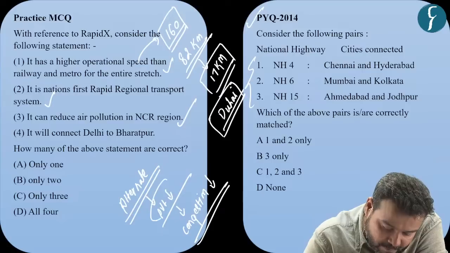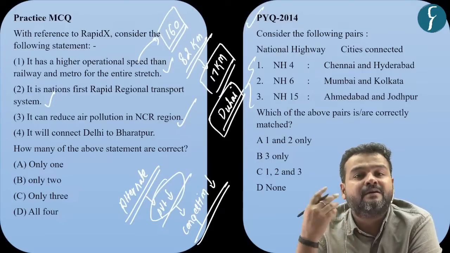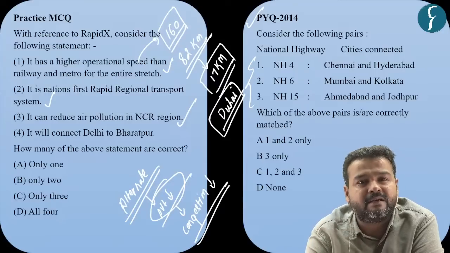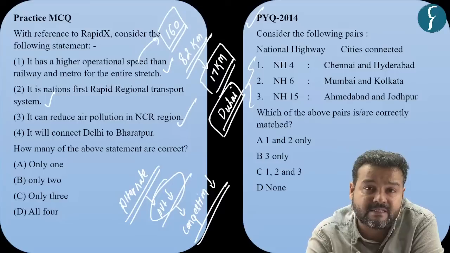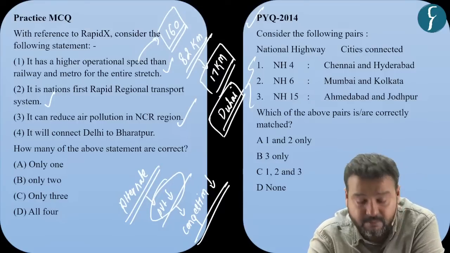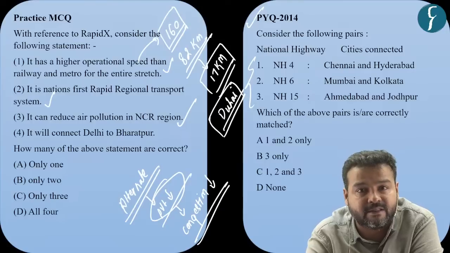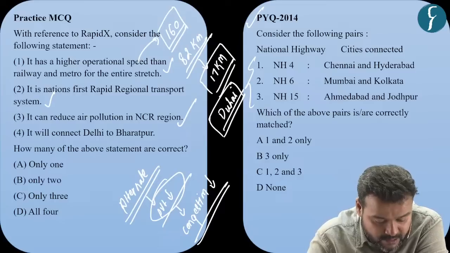Now lesser number of vehicles and lesser number of jam will result in lesser amount of emission of the cars or the vehicles which get stuck in these jams or which otherwise travel in this stretch. So yes, it will reduce air pollution.